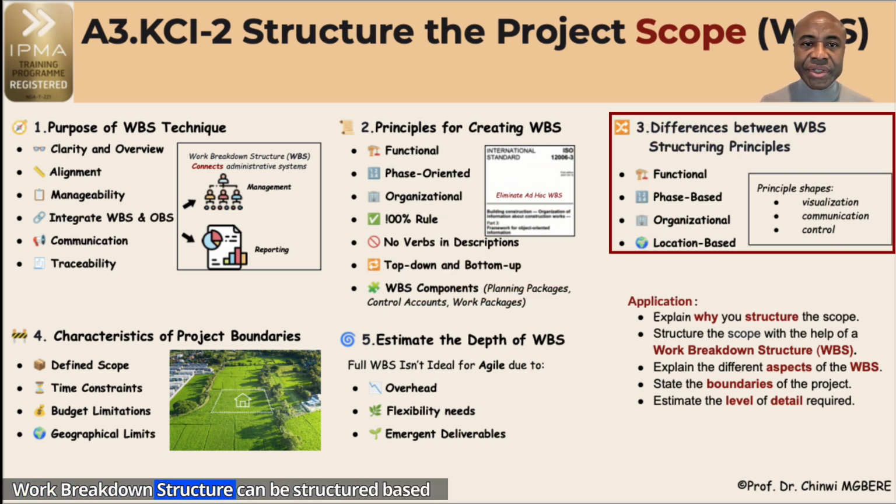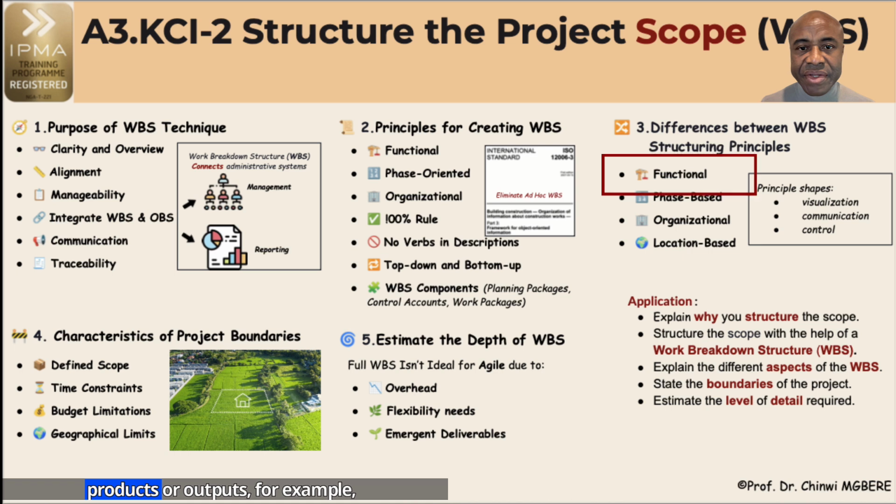Work breakdown structure can be structured based on different guiding principles. Based on products or outputs, for example, roof structure, HVAC system. This is best used with construction projects. Aligned with life cycle phases, for example, requirements, design, execution.